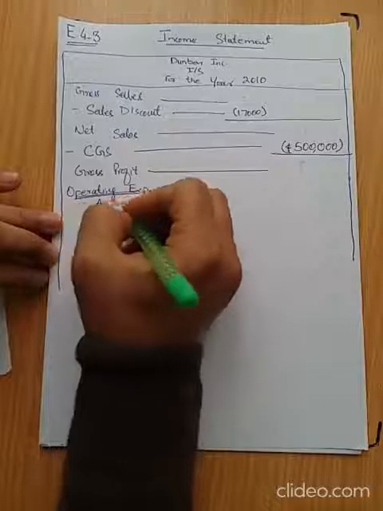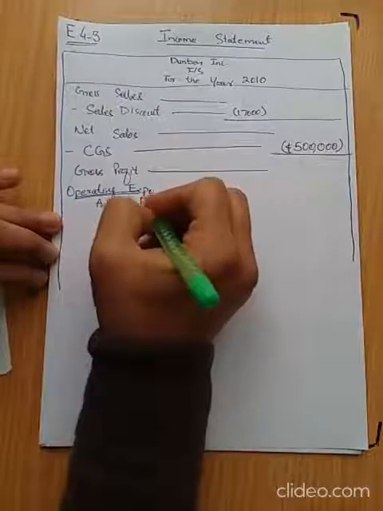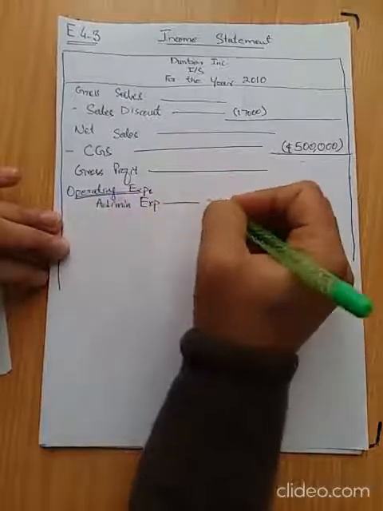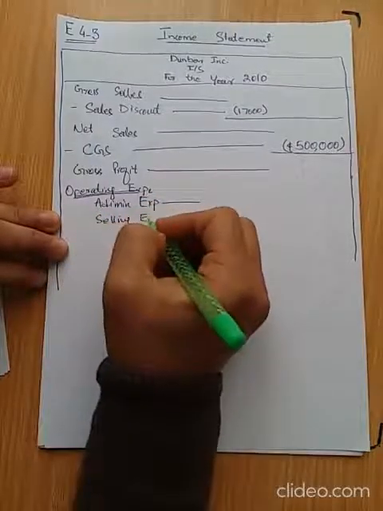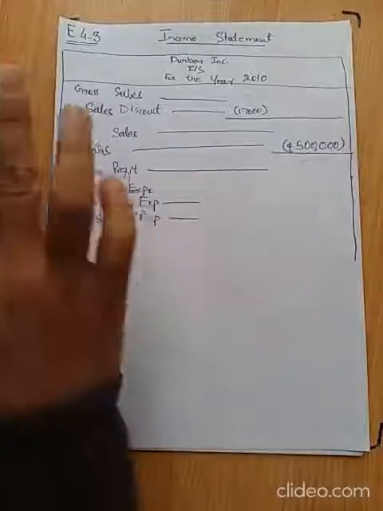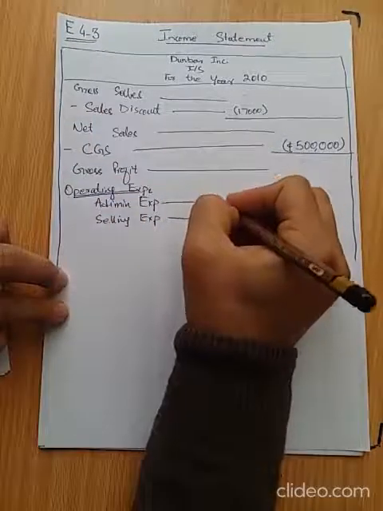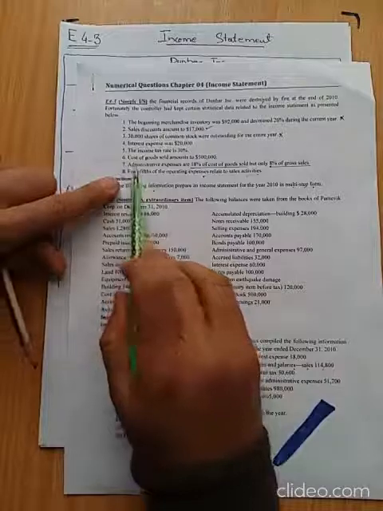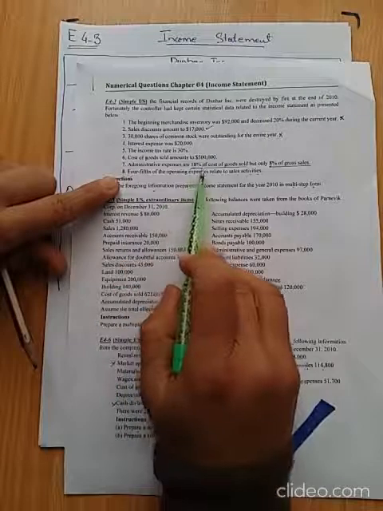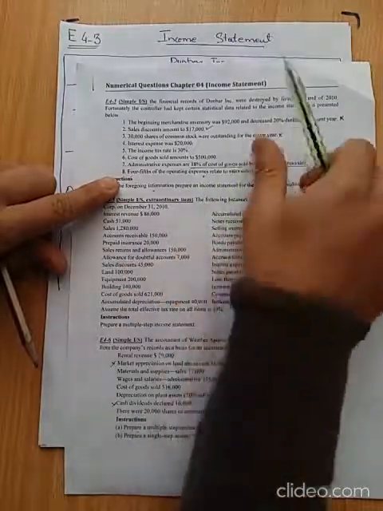First we have admin expenses, written in short. And the second we have is selling expenses. Both of these figures are also unknown to me, if you have observed that in the numerical. But there is certain information that's given to us, like administrative expenses are 18% of the cost of goods sold.